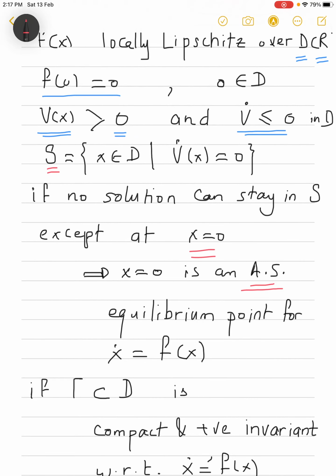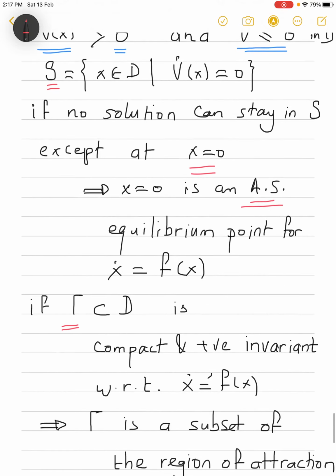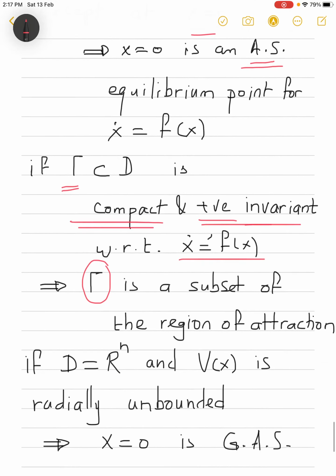Now, if we assume that we have again a subdomain gamma, which is a subset of D, and that subset gamma is compact, so it is bounded and closed, and it is positively invariant with respect to the dynamical system x dot equals f of x, then actually that domain gamma is a subset of the region of attraction for the system under study.